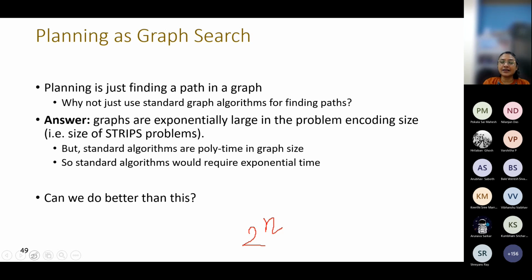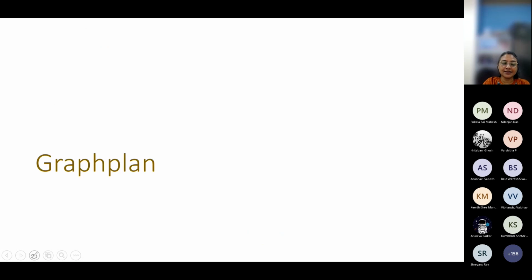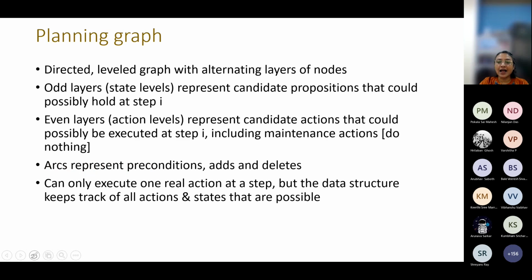Therefore the problem is not efficient. But this graph can be constructed in polynomial time, and this data structure is quite efficient. Now, what is this planning graph?